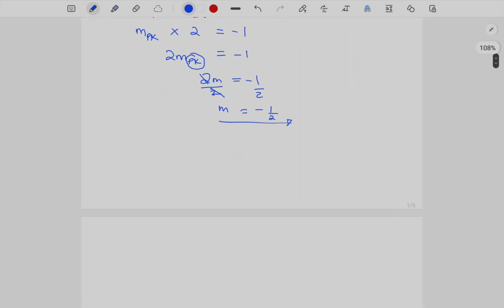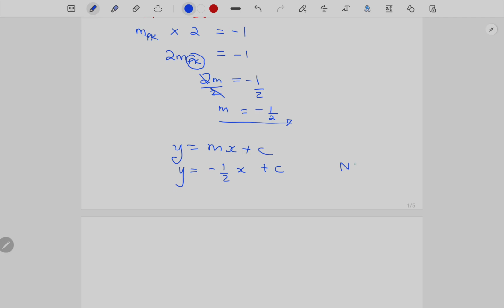Then the next step, this line passes through N, but now let us rewrite in the form of y is equal to mx plus c and substitute the value of m first. The value of m is negative 1 over 2 x plus c.